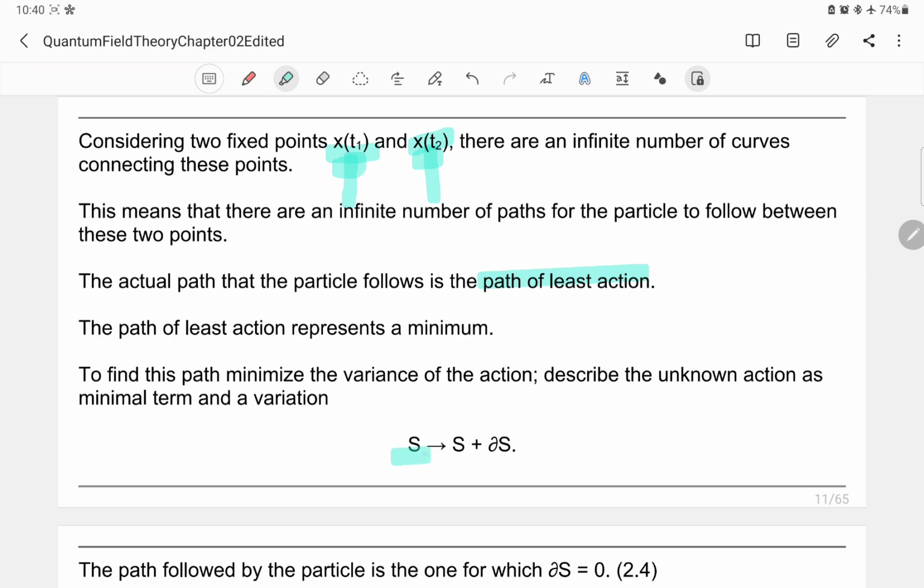So here is your action, and this is now a perturbed action. But the perturbation here is, we should set it equal to 0.